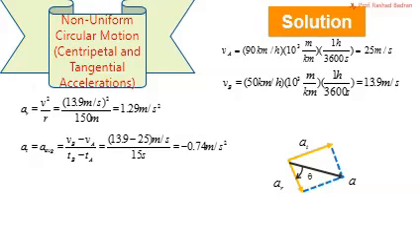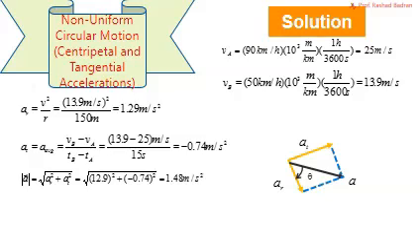As long as you have two components, one along the tangent and one along the radius, we can get the resultant of this acceleration by using the Pythagorean theorem. By inserting the obtained values, we get an answer of 1.48 meters per second squared. The angle is taken with respect to the radius, as we said before. The angle of the acceleration is tan inverse of the tangential component divided by the radial component.